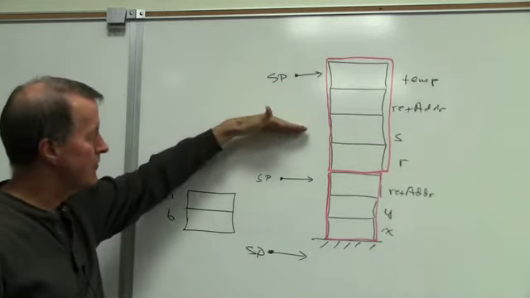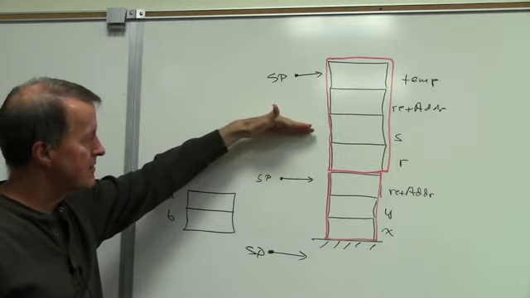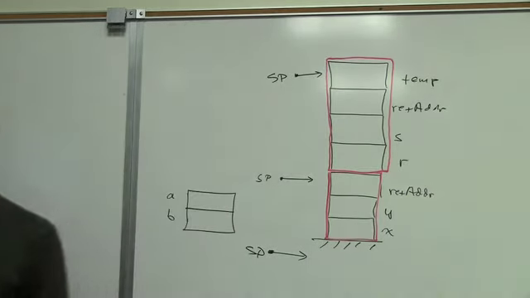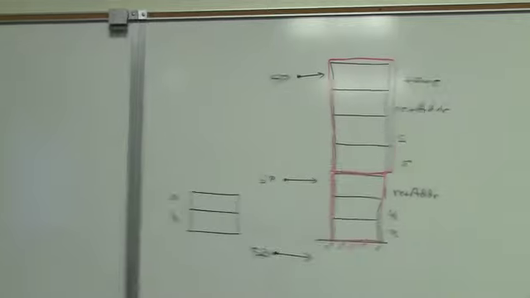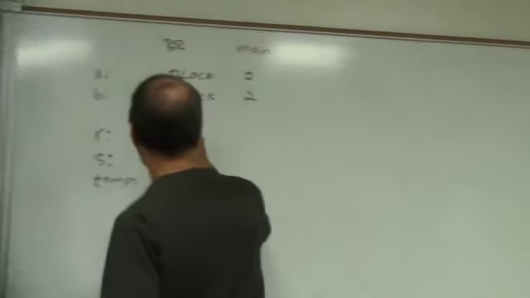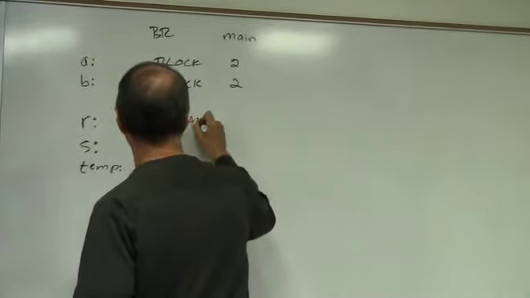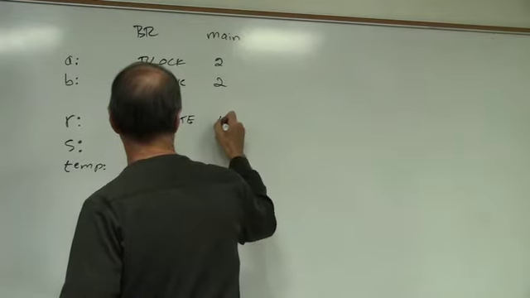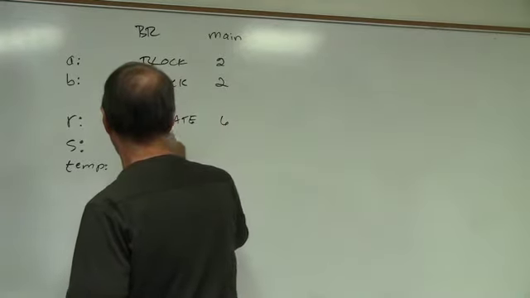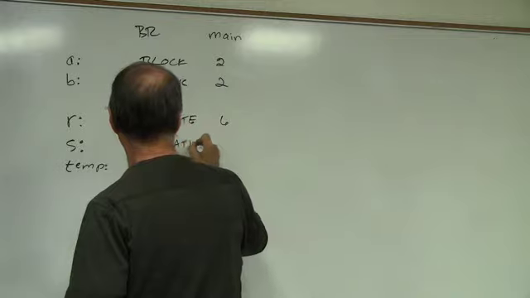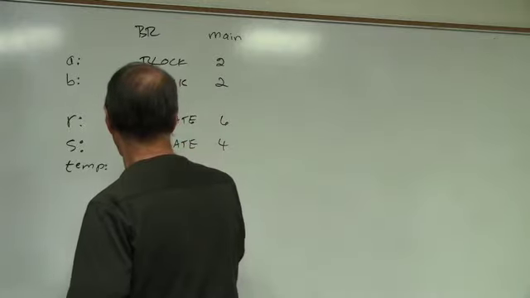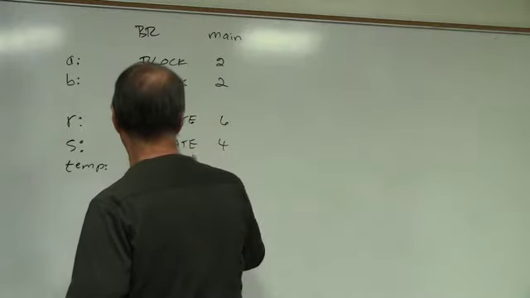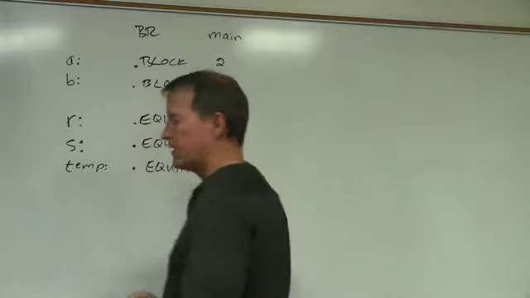R will be 6, S will be 4, and temp will be 0. 6, 4, and 0. Dot equate. That equates 6, 4.